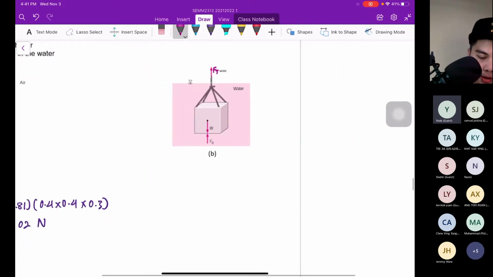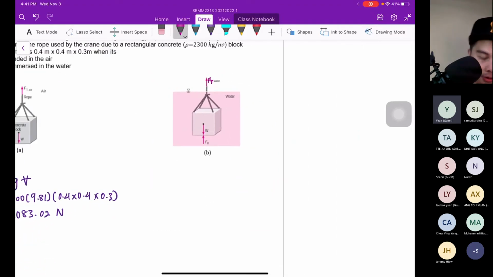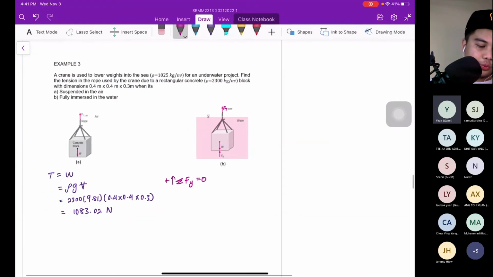So based on this, we draw the free body diagram. The summation of force, positive outward in the y direction, equal to 0. We consider this is equilibrium.